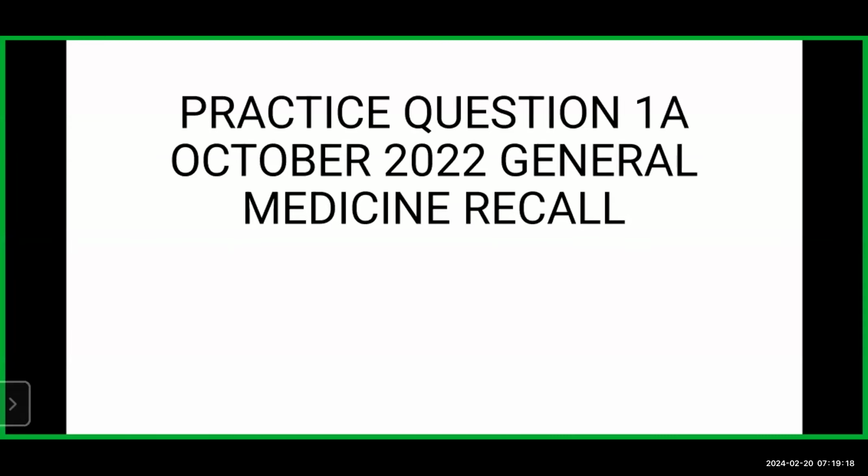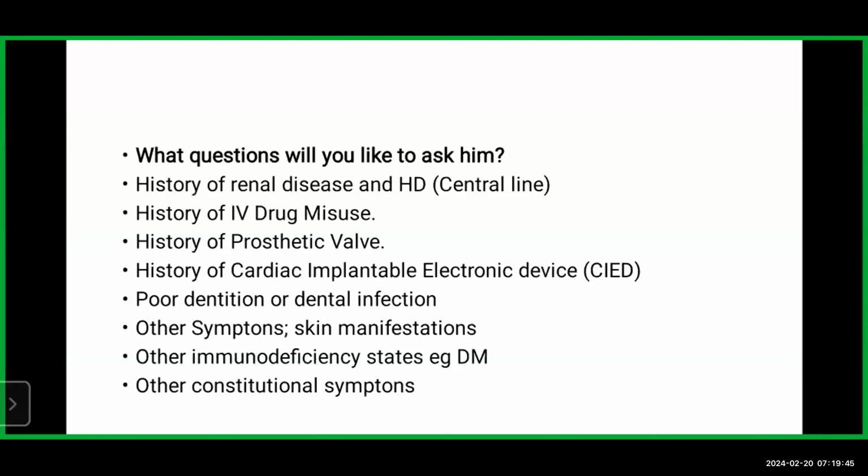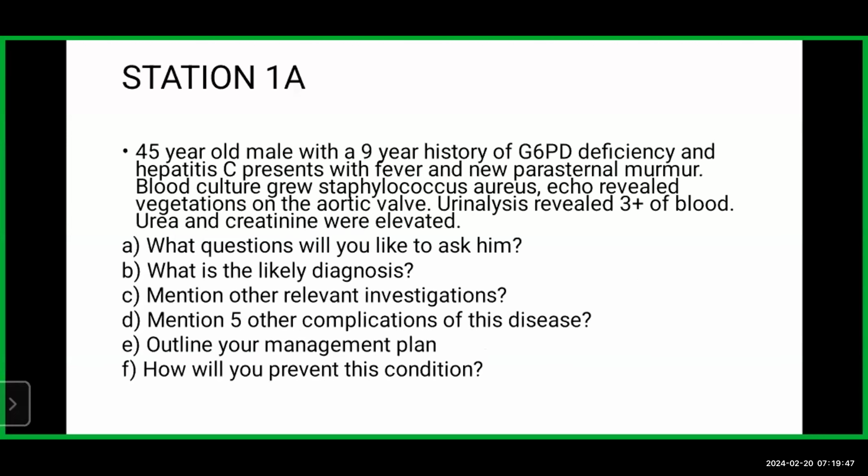I'll be presenting practice question 1A, October 2022 General Medicine Recall. The question is: a 45-year-old male with a 9-year history of G6PD deficiency and hepatitis C presents with fever and a new parasternal murmur. Blood culture grew Staphylococcus aureus, echo revealed vegetations, and urea and creatinine were elevated.